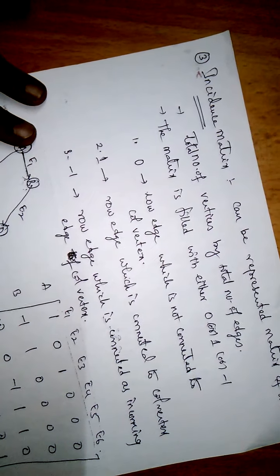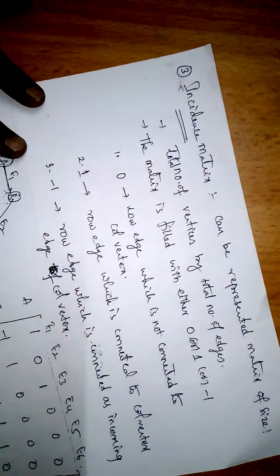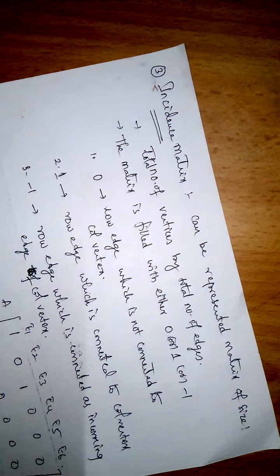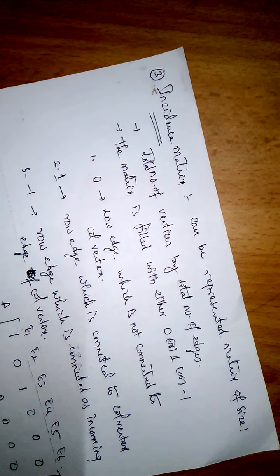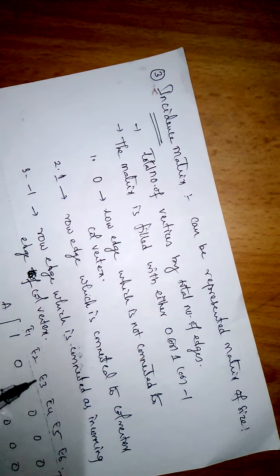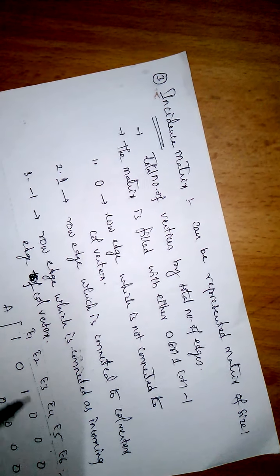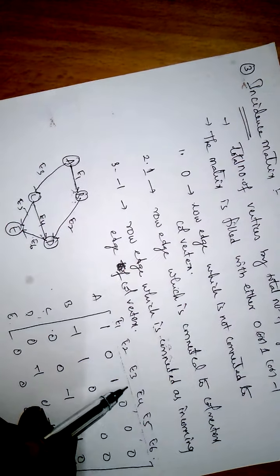The matrix is of size total number of vertices as rows and total number of edges as columns. So this matrix is vertices by edges of a graph.